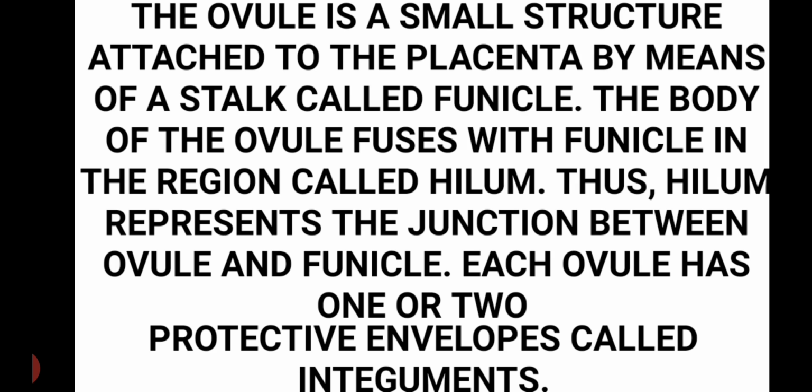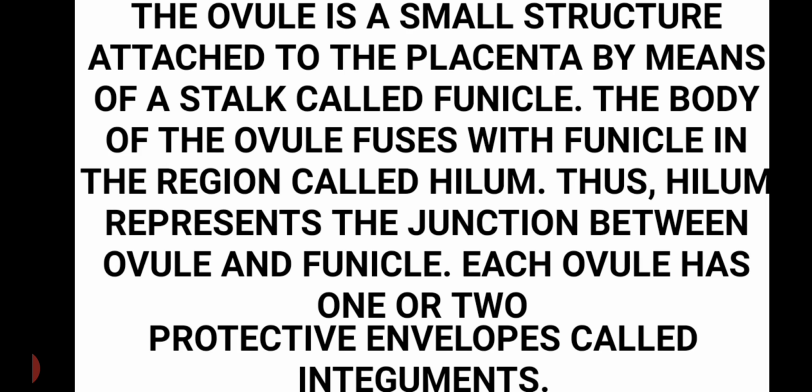The body of the ovule fuses with the funicle in the region called the hilum. That means the junction where the funicle and the ovule body are fused is known as the hilum.